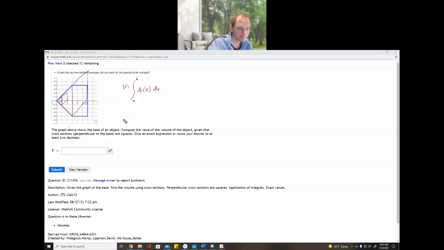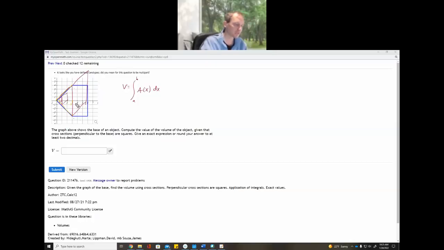from a to b. I'm actually going to set this up by looking at two separate pieces, because my area is going up along. Let me use a different color. As my x increases here, my squares are getting wider until I get to this point 3.